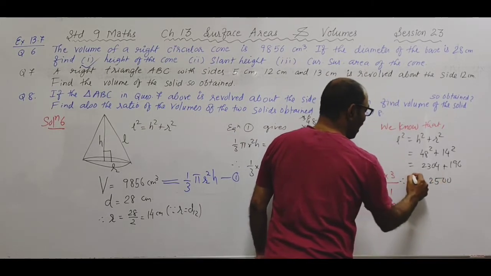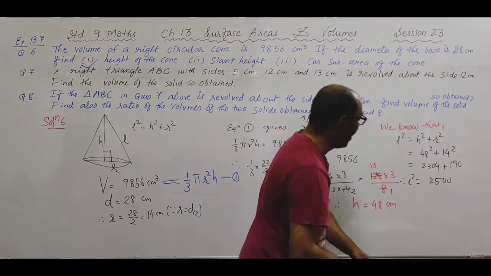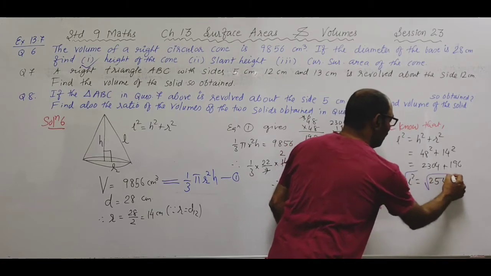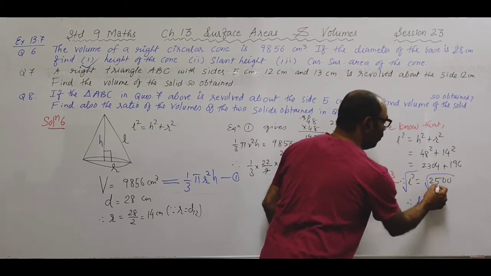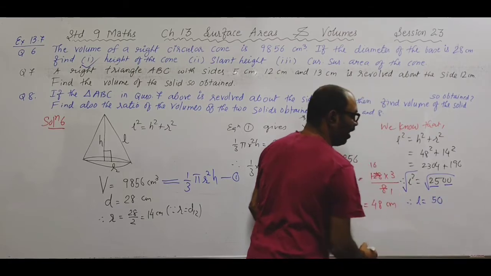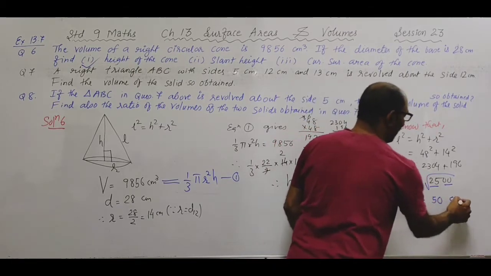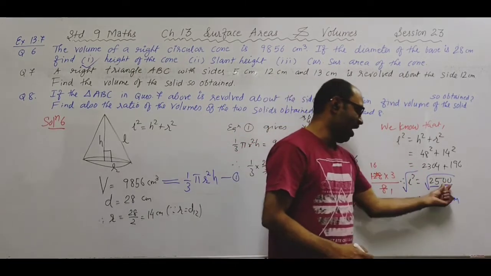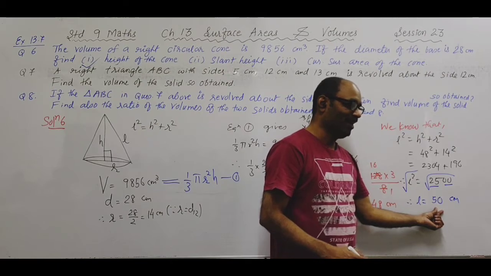2500 is L square. So taking square root. Therefore L is equal to... ये जोड़ी है. So 10 और 25 का square root 5. 50 centimeter. Somebody said 500.